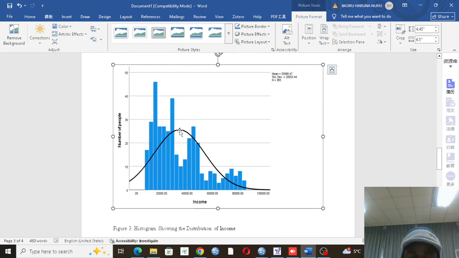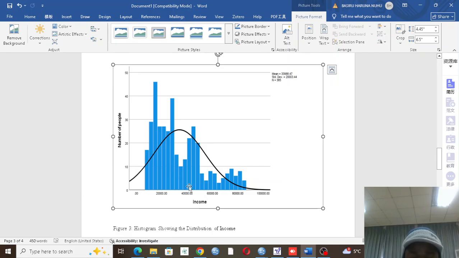If you have tall bars at this side, we have more of the incomes at this side, but few of the data at this side. That means it is not normally distributed.